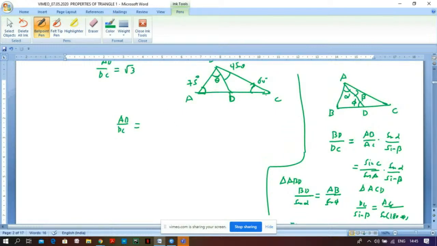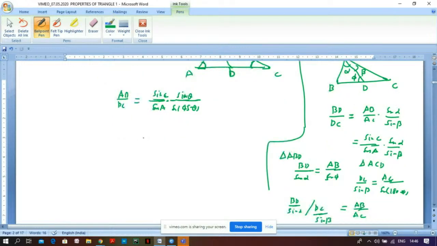So AD over DC, this will come first: sine C over sine of A, and in the same order, sine theta over sine of 45 minus theta. The advantage of this kind of approach is that even if there is a new problem entirely you have never seen, you can still apply these, and you quickly get to the point of the problem, okay, this is what the paper setter has in mind. So AD over DC is this much.